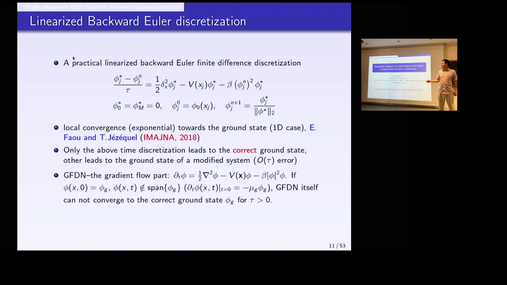For this one, the nonlinear term is linearized, so this can be viewed as linearized dynamics. Once we linearize the dynamics and start with a ground state, the solution will evolve in this one-dimensional linear subspace. Then when we do projection back, it will give the exact ground state. Okay.